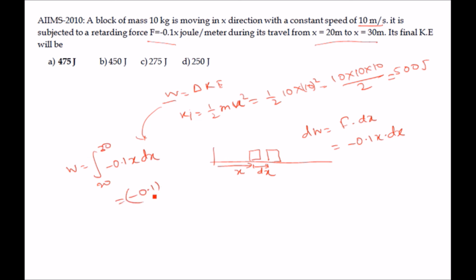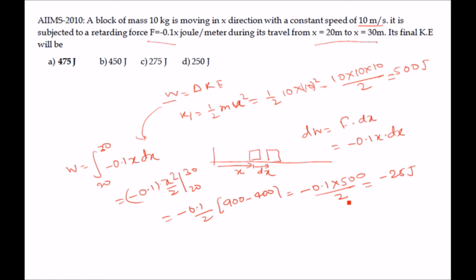So minus 0.1 into x square by 2, limit will be 20 to 30, and minus 0.1 divided by 2 into 900 minus 400, and minus 0.1 into 500 divided by 2. So basically it comes equal to minus 25 joule.